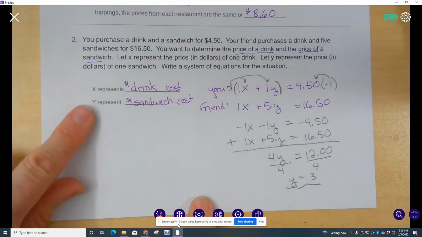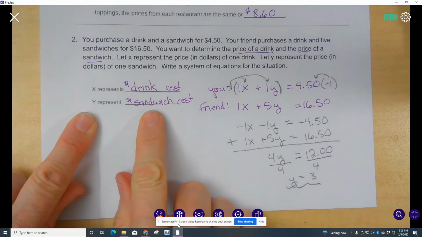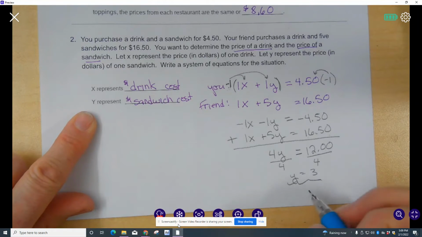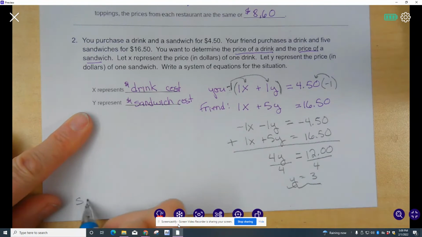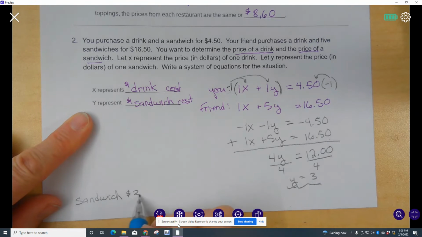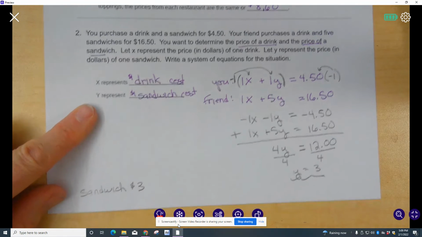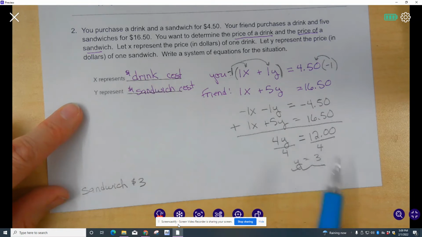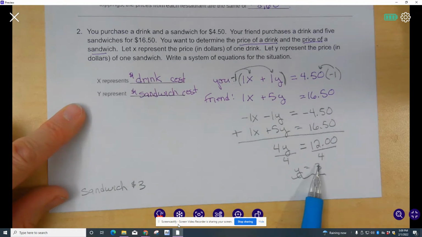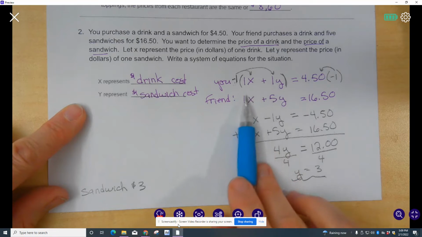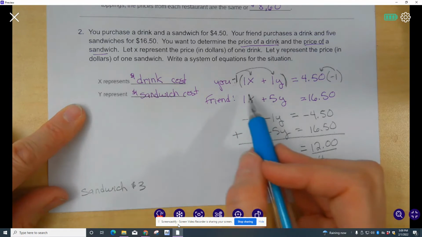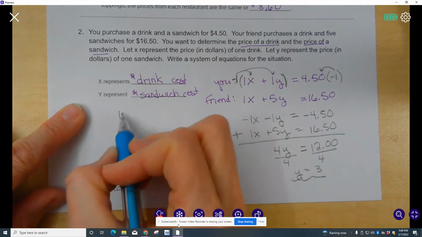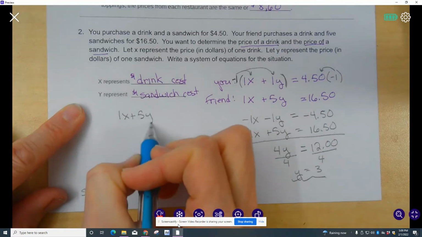What was y? Y is our sandwiches. So I now know that a sandwich, I'm going to put my answer over here, costs $3. Okay, now I need to find out how much a drink costs, or I need to find X. So if I go back to one of my original equations, I'm just going to choose this one. Remember, it doesn't matter which one I choose.